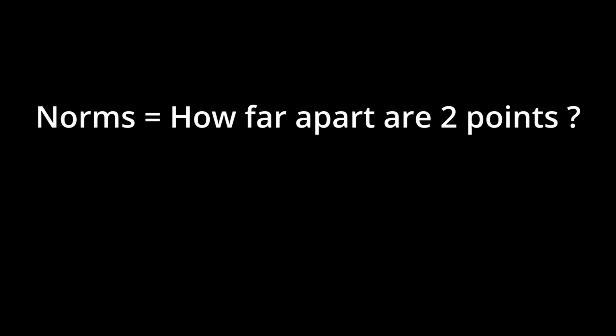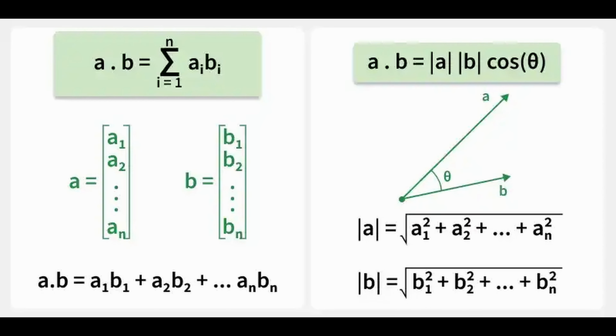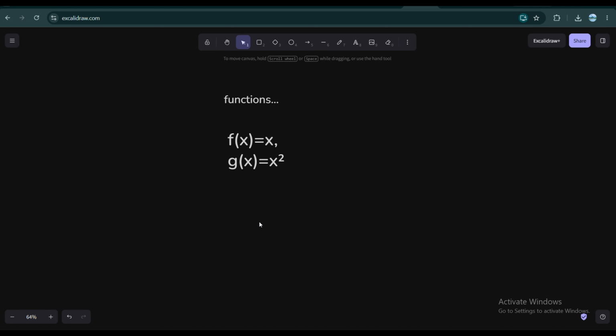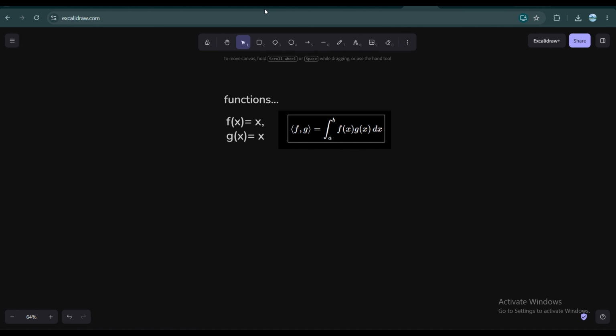If norms answer the question of how far apart two points are, then inner products answer how similar they are. But vectors are not the only mathematical objects that can have an inner product. Functions can too. For two functions, f of x and g of x, this measures how similarly the two functions behave over their domain.